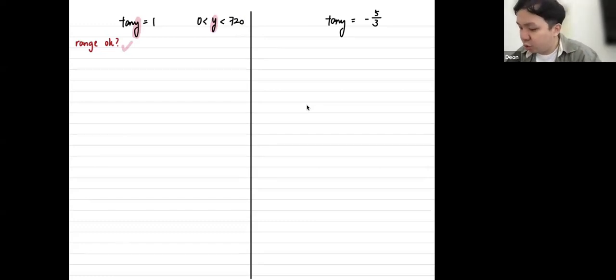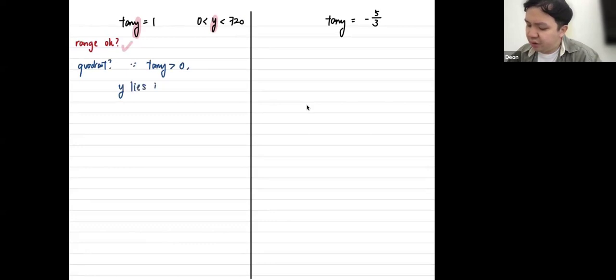Next, let's look at the quadrants. Since tangent y is positive, I know that y lies in the first or third quadrant. Follow the ASTC, right?